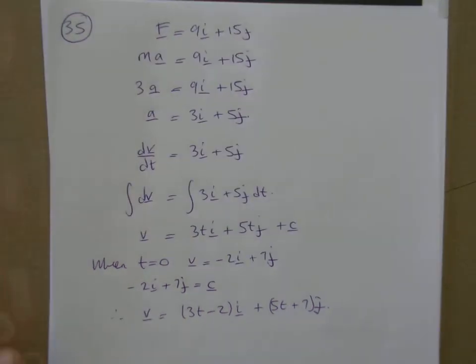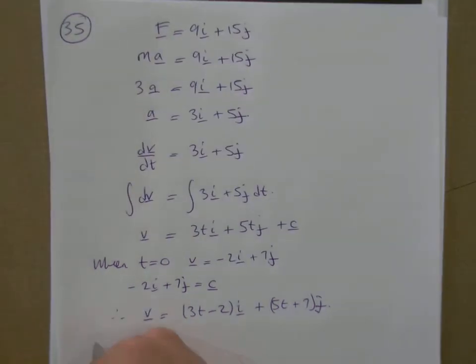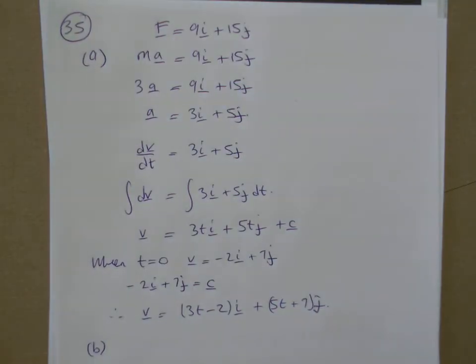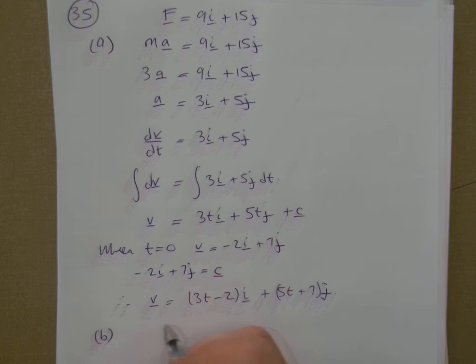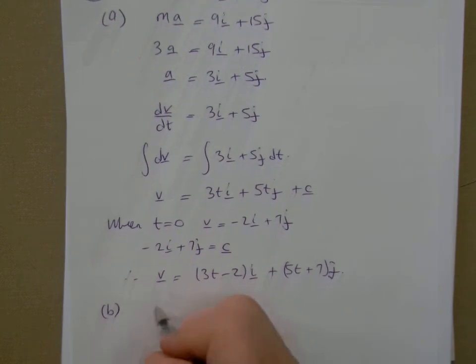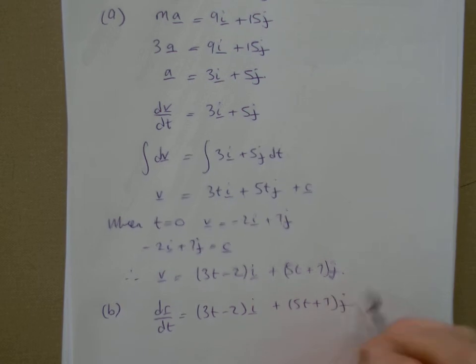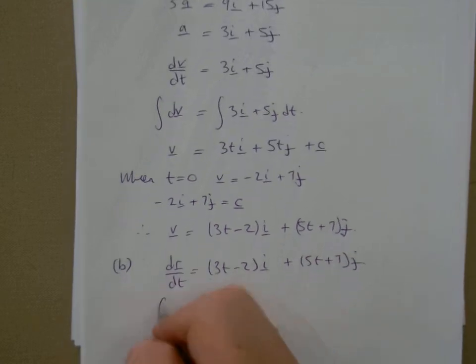So it says in part B to calculate the distance when t is 2. So now we need to integrate again, don't we? Because we need to appreciate that v is just the rate of change of r. So if I rewrite that as dr by dt, then separate the variables.